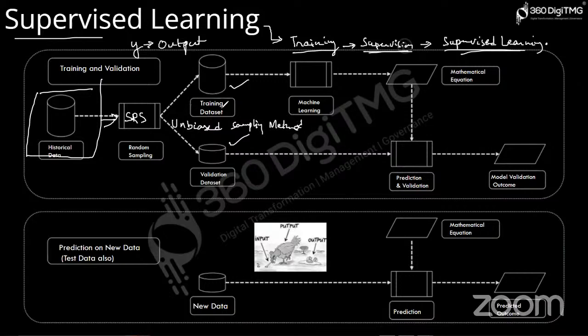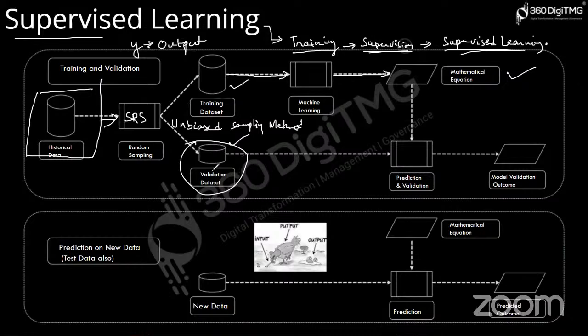Now on this training data, we apply machine learning models or algorithms to find the relation between the output and input data. This relation is represented by a mathematical equation. Once we have found this, we test it on the validation data set, or test data set.